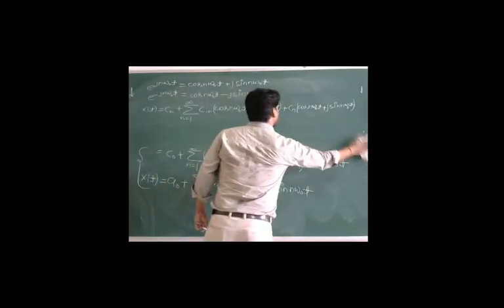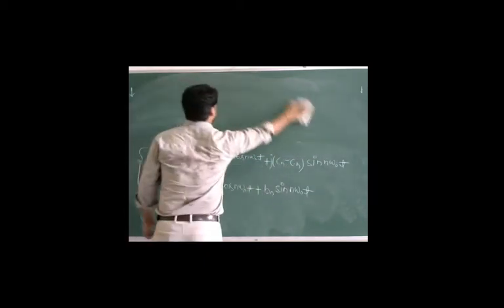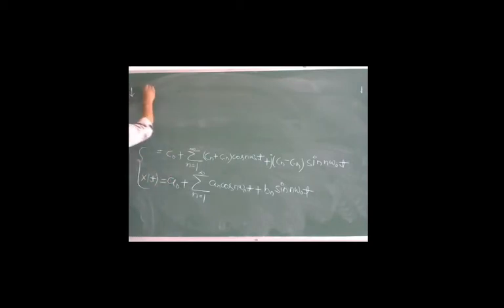Now compare these two equations. We will get c naught is equal to a naught, and a n is equal to c n plus c sub minus n, and b n is equal to b n.